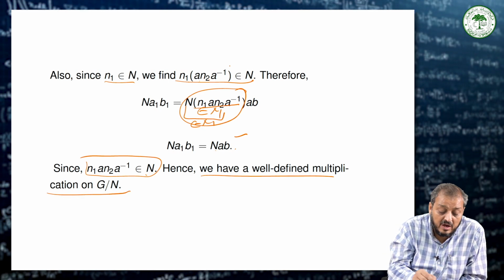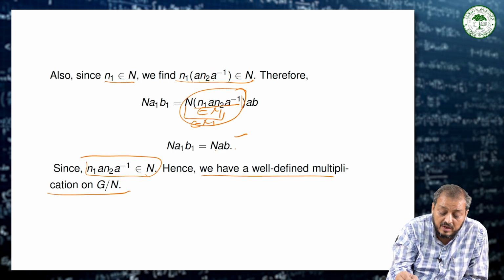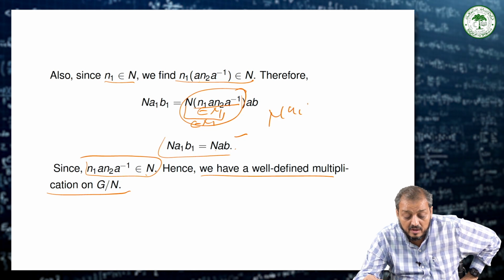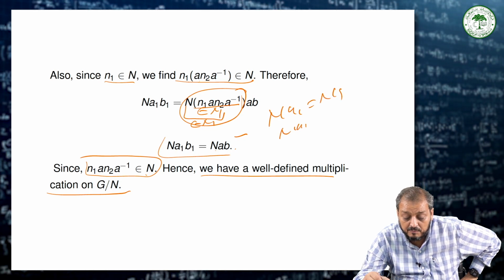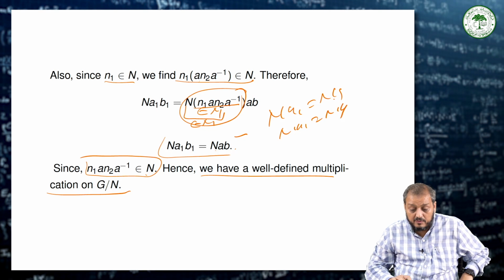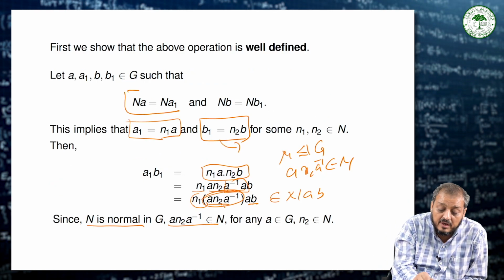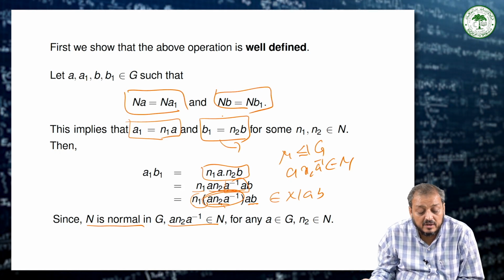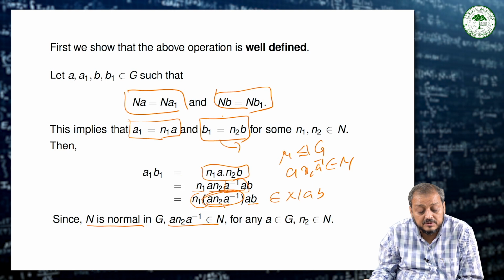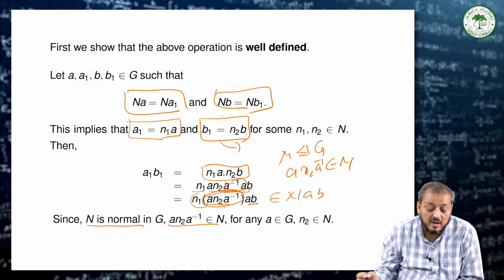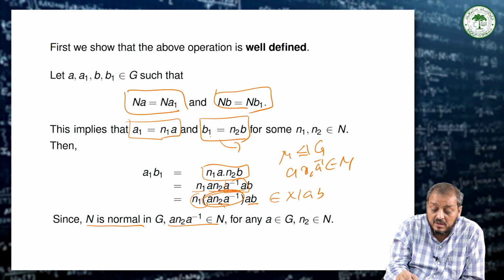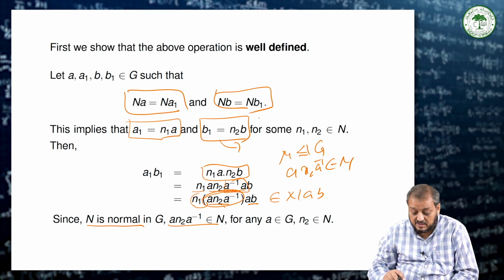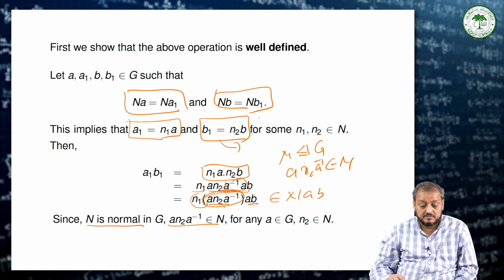So we just have to show that this is an element of N, taking N a1 = Na and N b1 = Nb, so Na = Na1 and Nb = Nb1. Ultimately, for some n1, n2, this can be written in this form. So this is clearly well-defined.